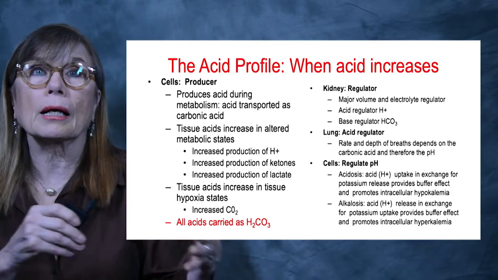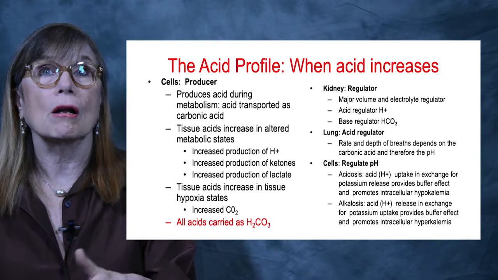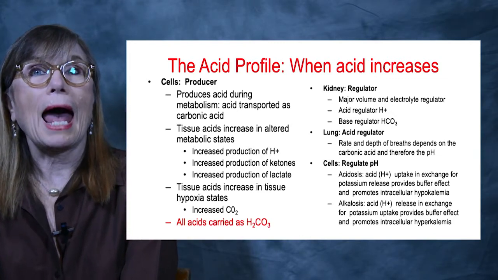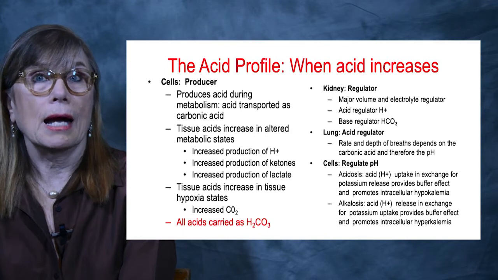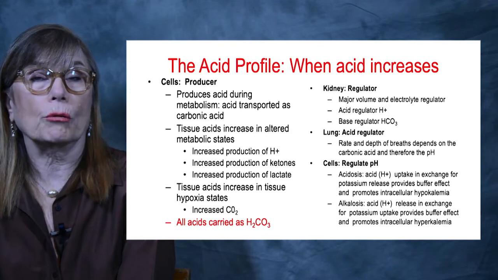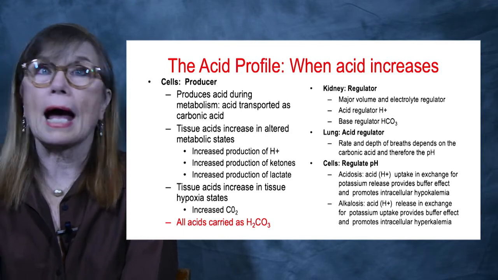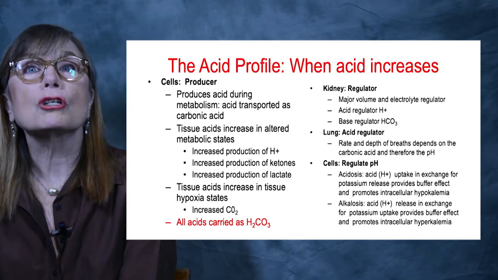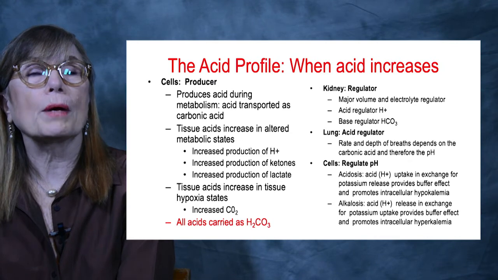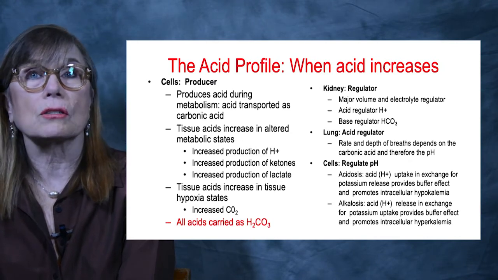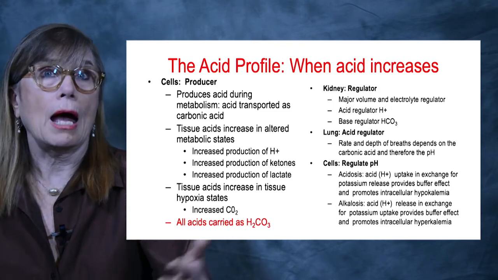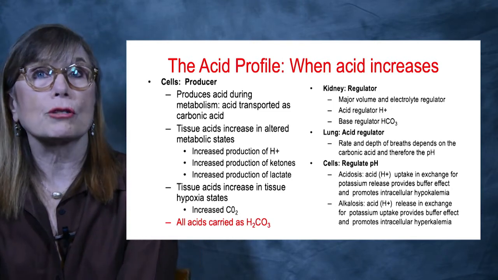Both metabolic and respiratory acid are produced by the cells, transported as carbonic acid, and that's H2CO3. All acids carried as H2CO3. Tissue acids increase in altered metabolic states because you have an increased production and actual distribution of hydrogen ion.